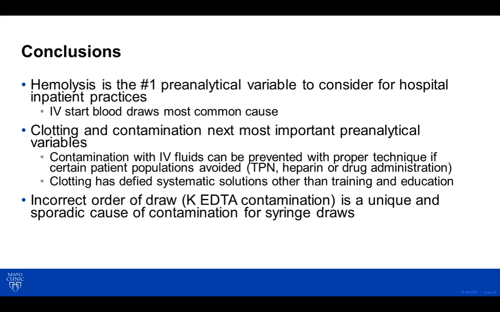You can get overall through the hospital certainly less than 1% hemolysis rates, but we focus on the difficult areas like ED and NICU and try to get those rates down in the 2% range. We think we're doing well.